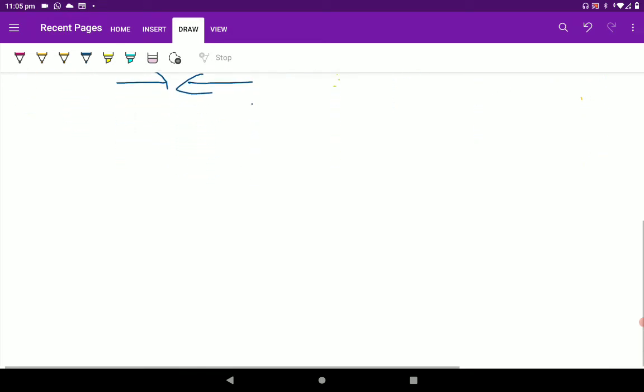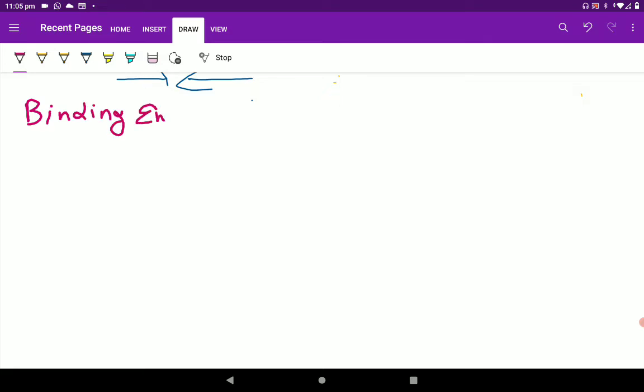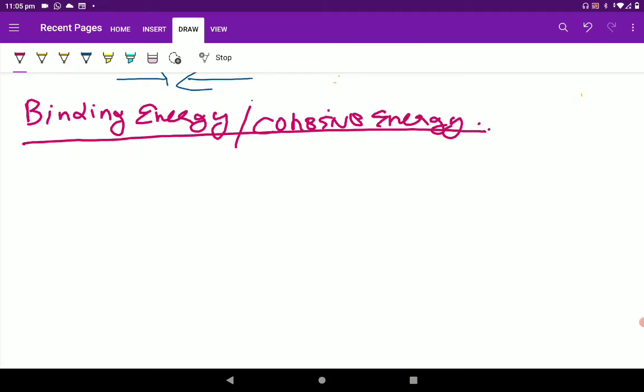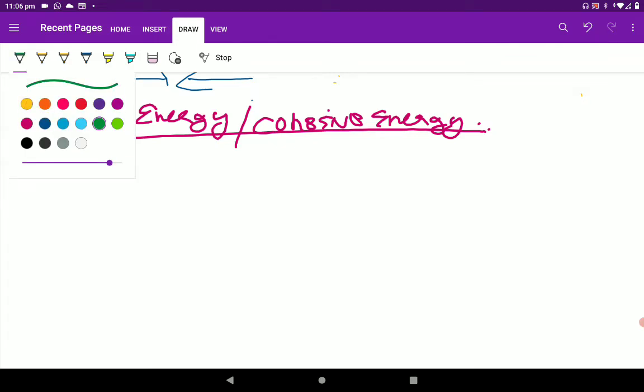Okay. This is the new page. Okay, let's start. Binding energy and cohesive energy of the crystal. Now suppose you take one crystal here, looking something like this.